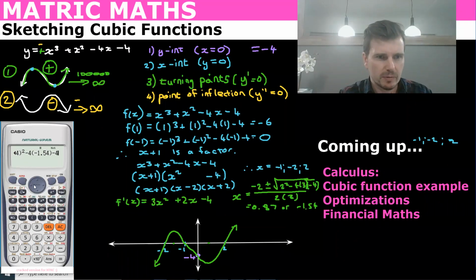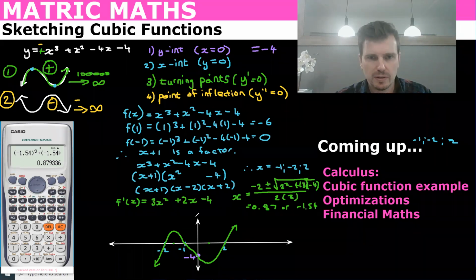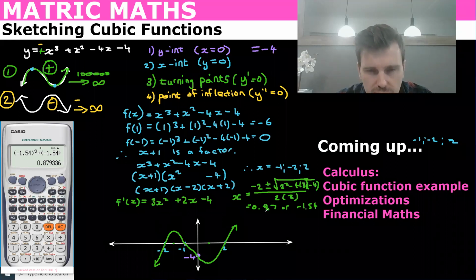Okay, so what I do is I put it in a calculator like that, and I put -1,54 in there, substitute into this. I'll obviously write it out, but I don't have enough space. And that is going to give me 0,88. So I know that this value here is 0,88.